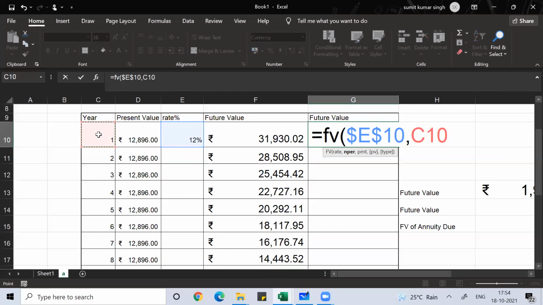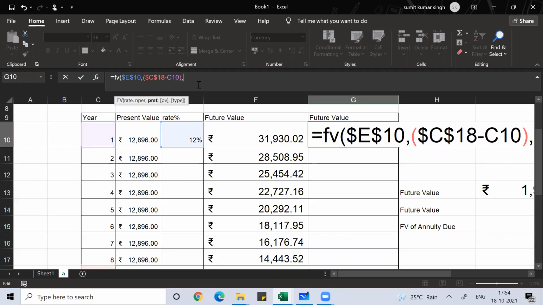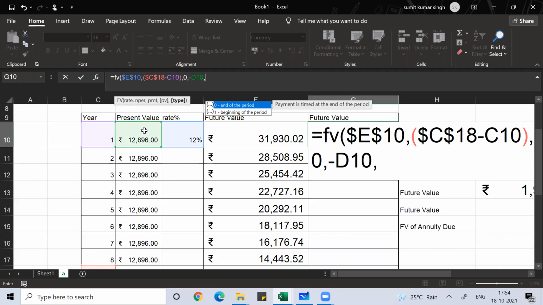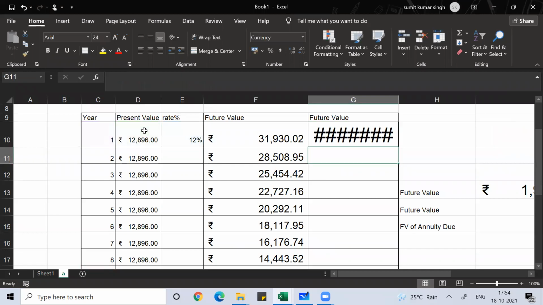Here NPER would be your 9, which is your last cell, minus 1, means it will grow for 8 years, right? So you can fix this cell, F4 key. Then once this is done, PMT here put 0. Okay, PV would be this value, comma, type 0 or 1. So take 0, otherwise by default it will take 0.